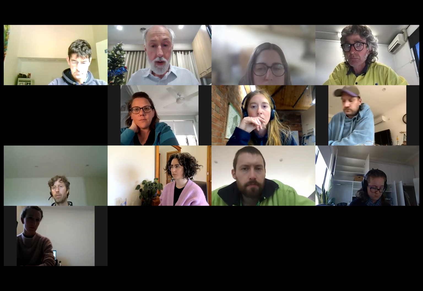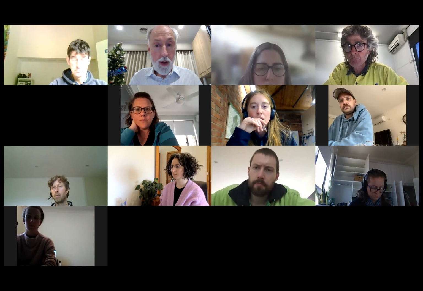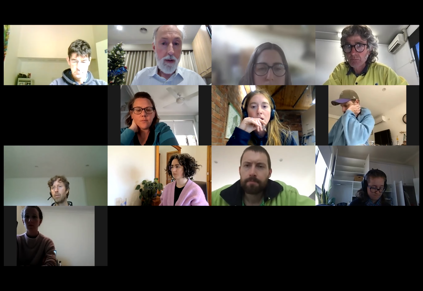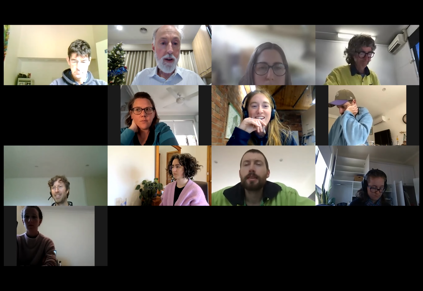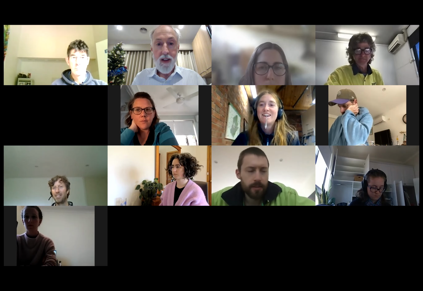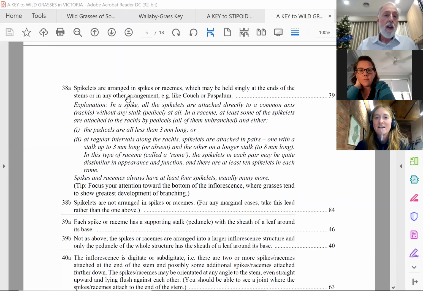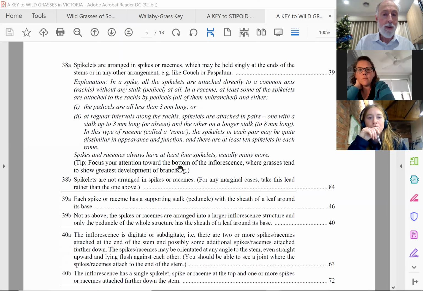The camera, go back where we were, and we've got 1 minute, goodness me. Right, we'll see if we can identify this thing at high speed. Okay, so a spike or a raceme has got the spikelets either without any stalks or with pedicels less than 3 millimetres long, or there's a slight variation on that, which we don't have time to go into now.